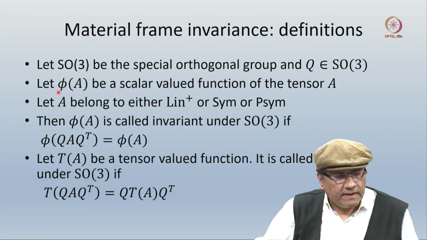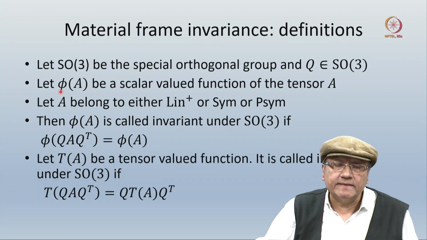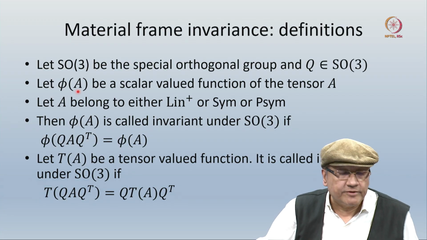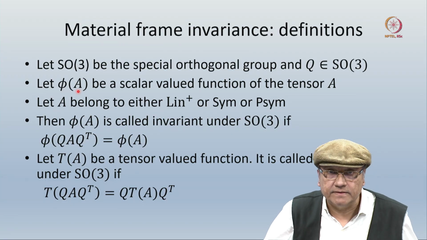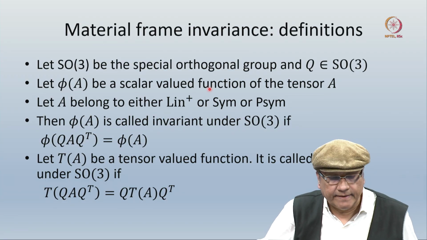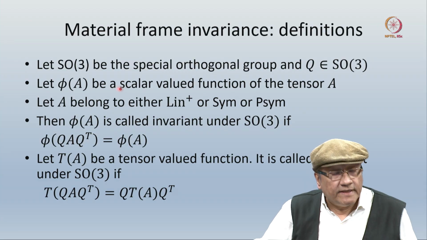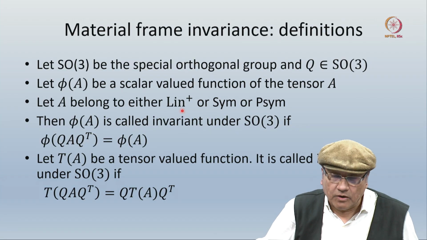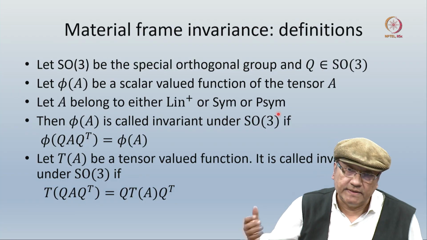Now let us consider phi as a scalar valued function of some matrix A, a 3 by 3 tensor field. Let us also assume that this A belongs to either Lin+, Sym, or PSym. I will explain what these are.